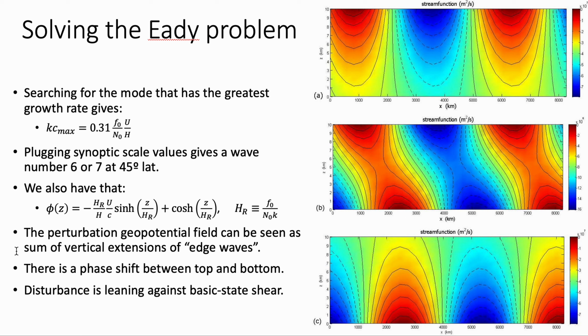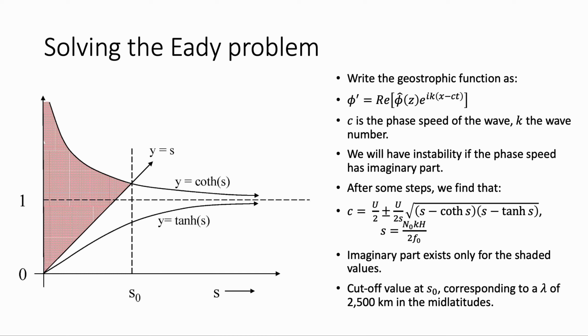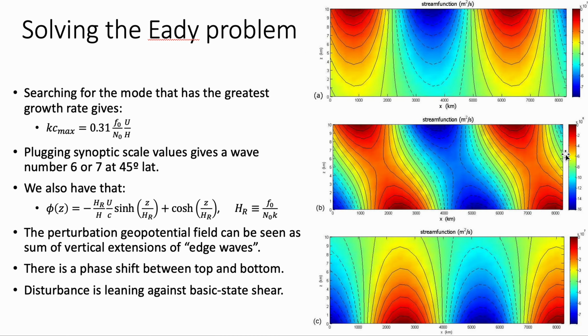And this is a somewhat complicated function that depends on these hyperbolic sines and cosines. If you plug in the solution, you put everything together, the wave, this exponential, together with the phi function, then you have a stream function that looks like this, that has maxima here and minima over here.